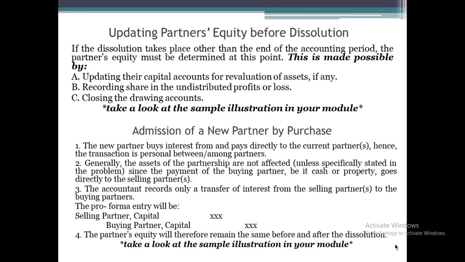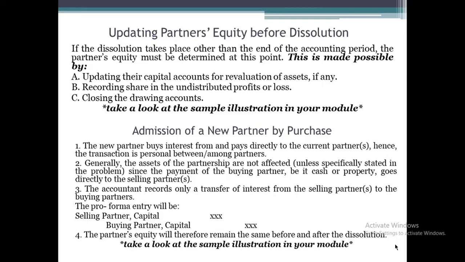However, kapag na-dissolve yung partnership, tapos nandun pa din yung amount ng 100,000 doon sa restricted retained earnings, syempre, kailangan i-distribute yung amount na yon. So, i-distribute sa mga partners. Ayan, i-update na natin yung partners' equity ng mga partners.